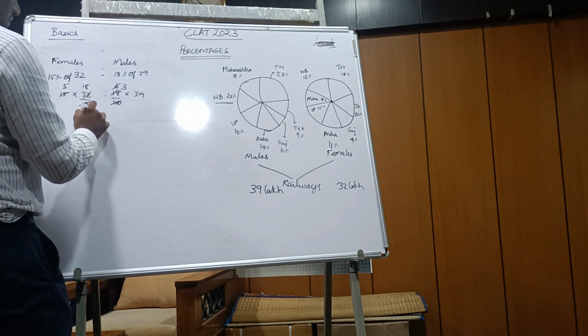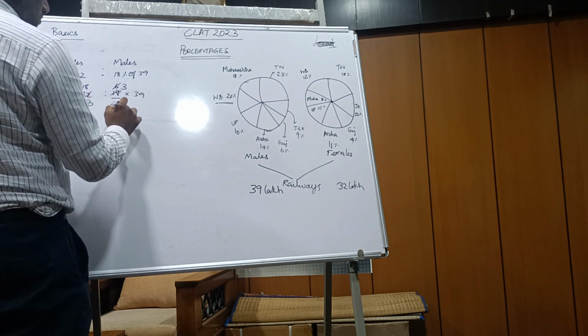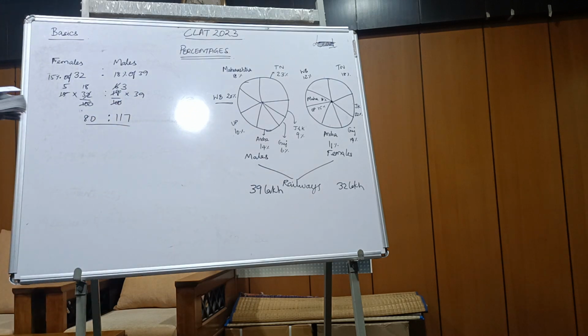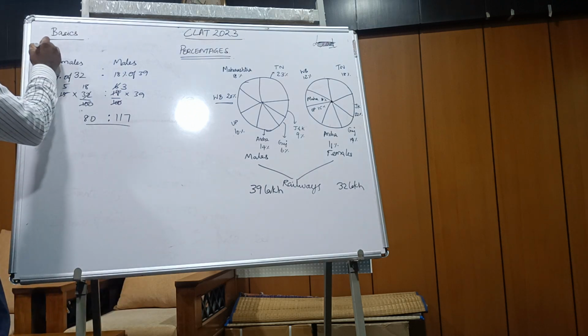So this is 80 is to 1, option number B. Alright, this is the first question.